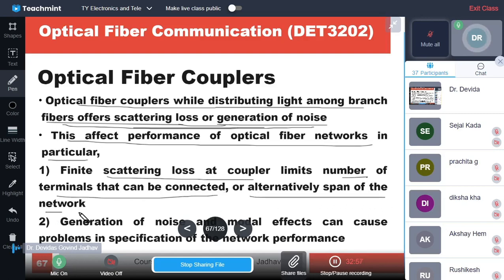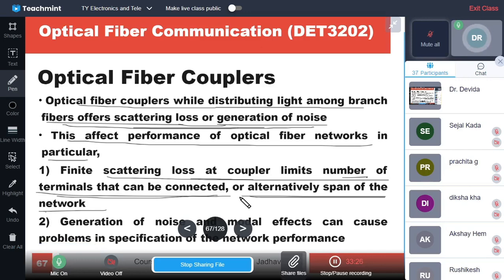If the number of connectors, that is M or N in star couplers, how many fibers can be combined, how many fibers can be distributed, that is having a limit. So the scattering loss limits the number of terminals that can be connected, and that is, the span of the network in the computer network is limited.